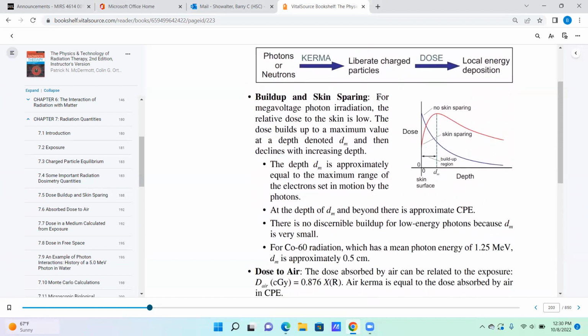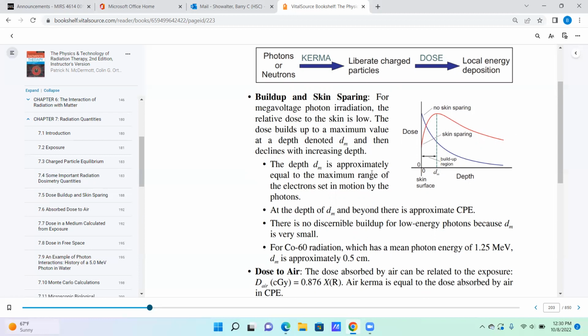Buildup and skin sparing. This is going to be something important that you'll actually be able to see in the clinic. So for MVs, the relative dose to the skin is going to be low, and the dose builds up to a maximum value, which is what you're seeing here, at a certain depth, d sub m, and then declines with increasing depth.